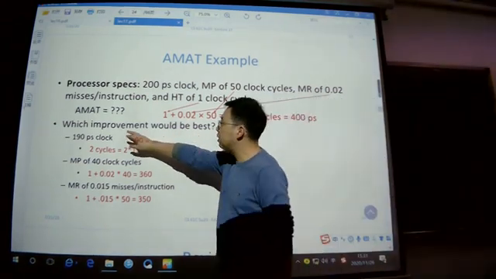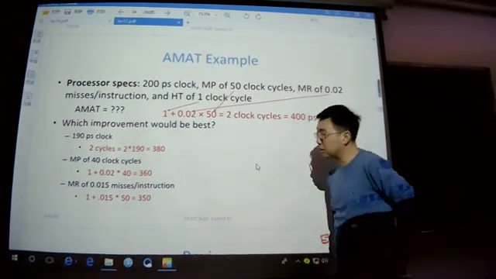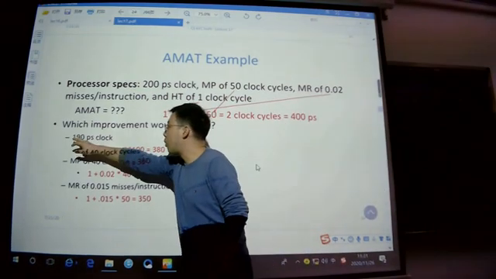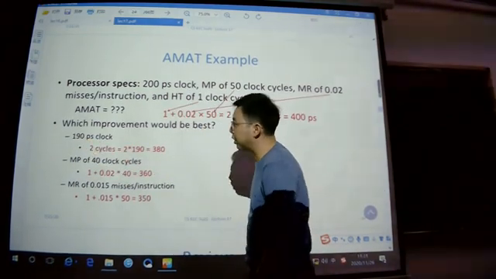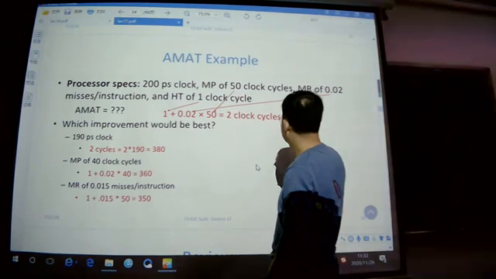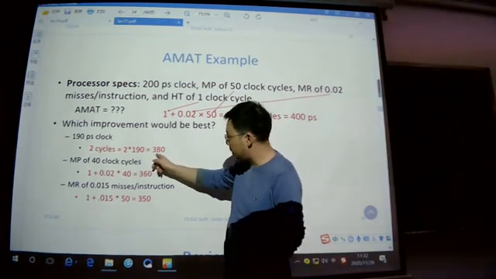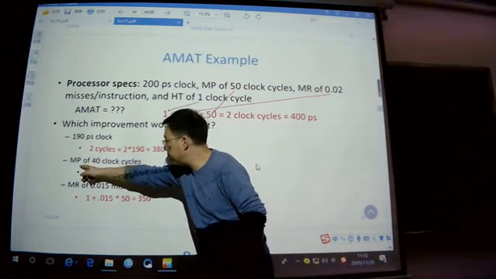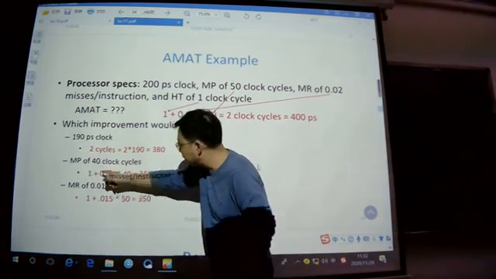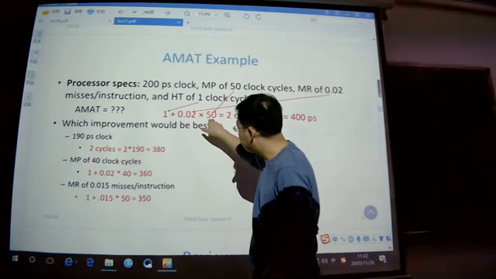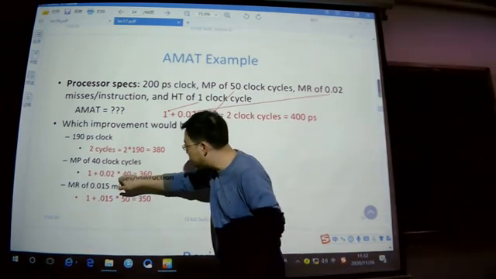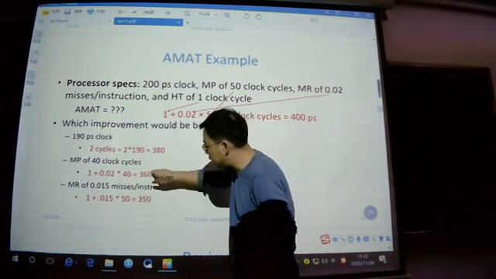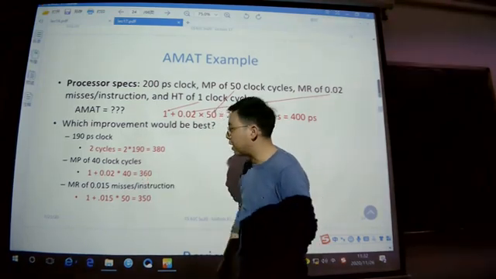Okay, we can find which improvement would be best. We use a 190 PS clock. So 2 cycles become 380. MP becomes 40. You can find this 50 becomes 40, and this has 360.